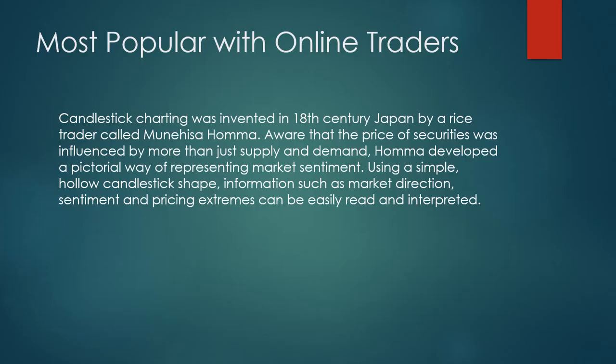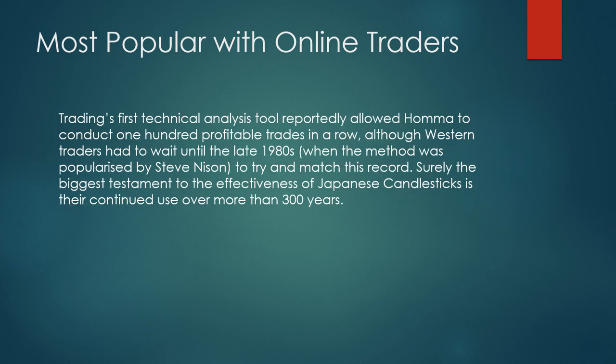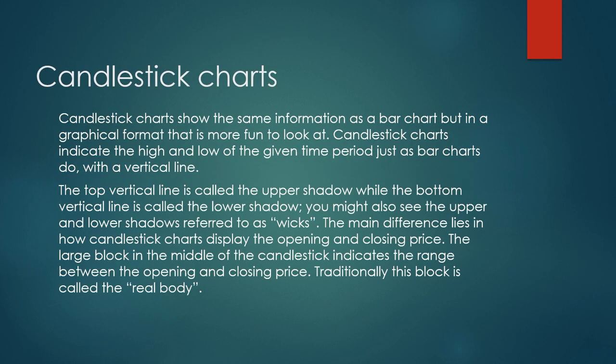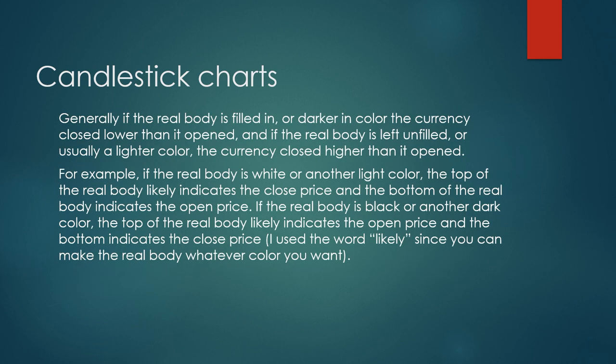Then candlesticks are the most popular in online trading. Although candlesticks have been around for hundreds of years and they were used by rice traders, they are an effective way in trading, and since we have all these new HTML charts, they've become the buzzword in online trading. Candlestick charts show the same information as a bar chart, but in a slightly different graphical format.